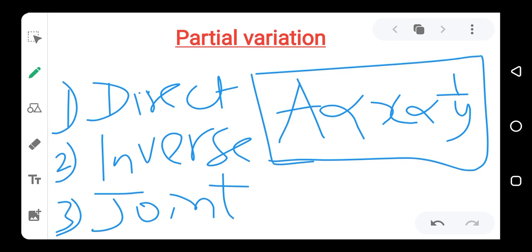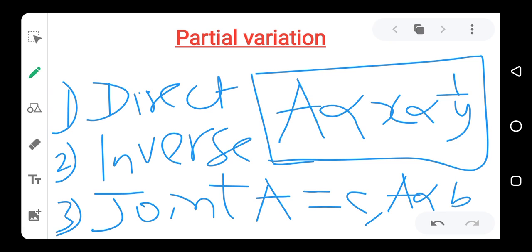So assuming we have A as the main variable in partial variation, this A will be equal to a constant. Let's call the constant c, and it will now be varying again with another variable. Let's say the same a is varying with b.